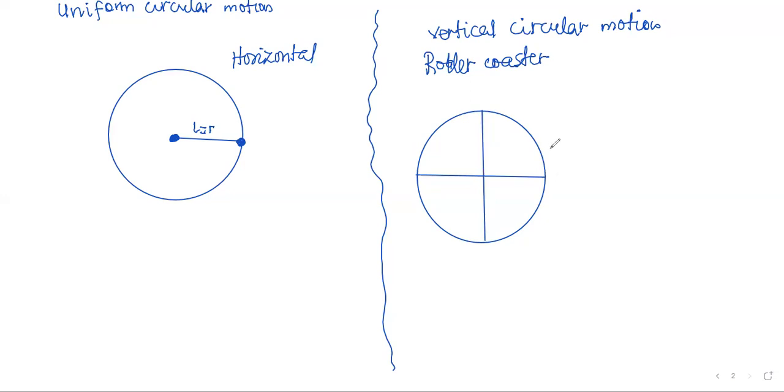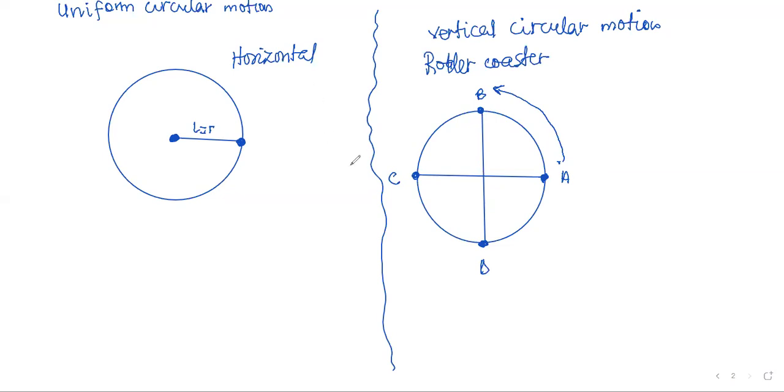We are picturing the object moving in an anti-clockwise circular direction. At one point, the object is here. The object is also here. The object can be here, and also here. Now, when the object is here, what happens? B, C, and D. Vertical circular motion.